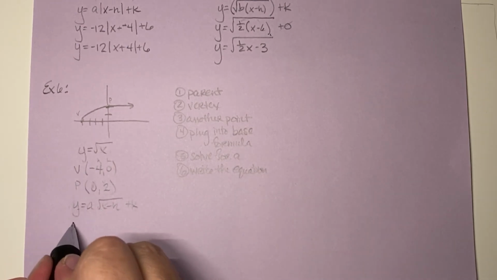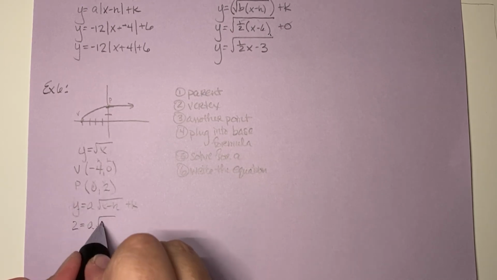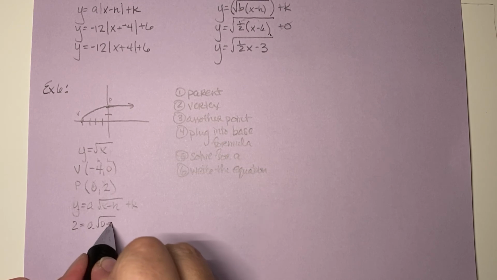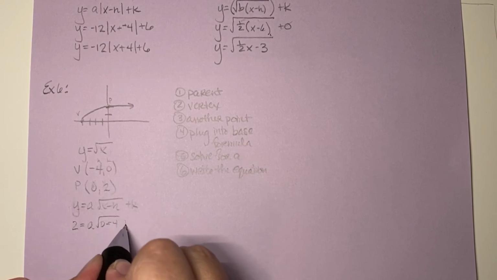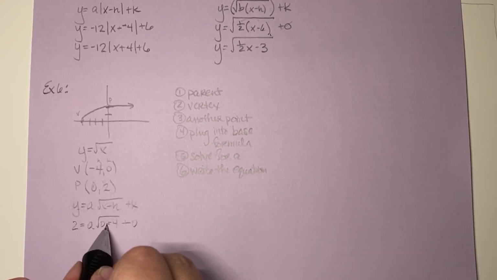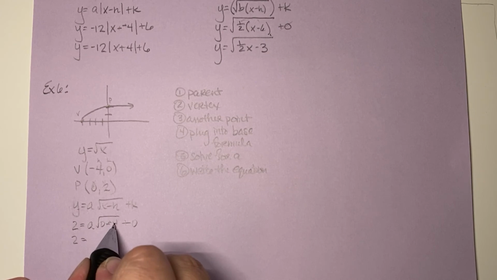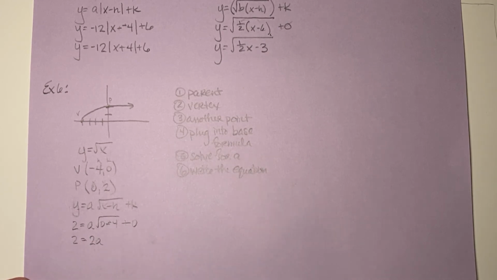Now plug in x, y, h, and k. So y is 2, x is 0, h is -4, and k is 0. Two negatives make a positive, so we get 2 equals a times the square root of 4. The square root of 4 is 2, so we divide both sides by 2 and get 1 equals a.